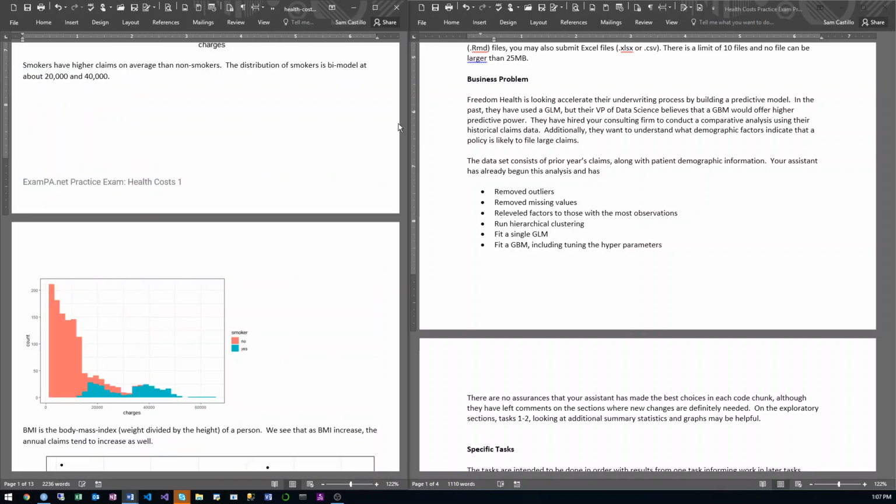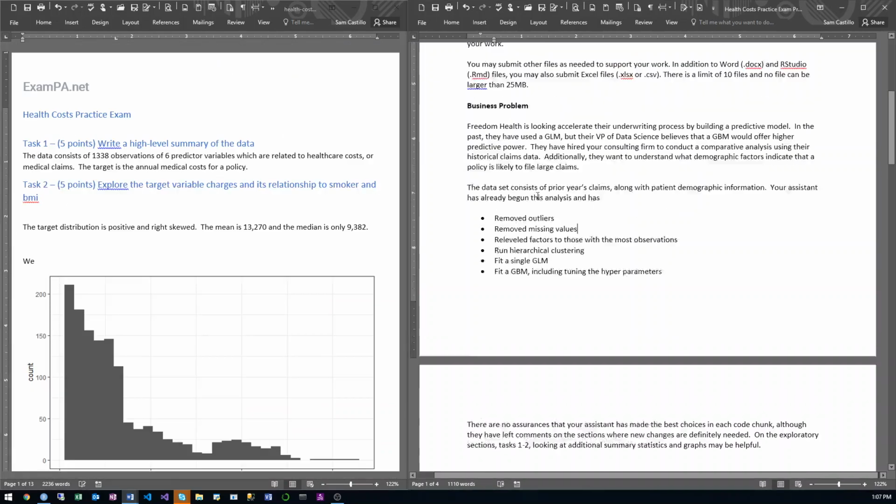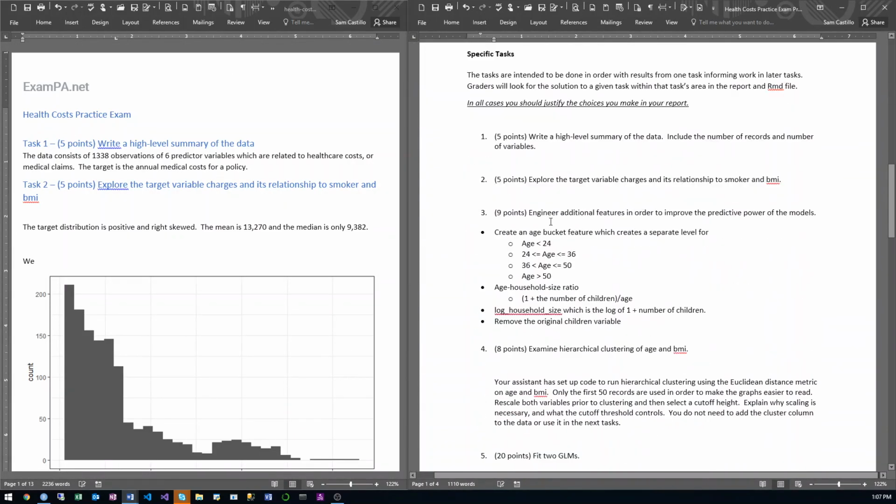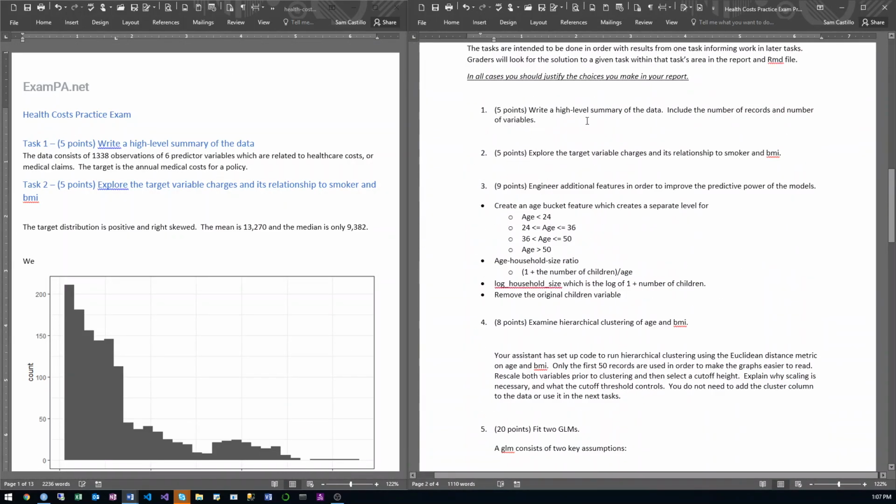So let's just go through the specific tasks. Task 1 was to write a high-level summary of the data, include the number of records and number of variables. So the data consists of 13,000 observations.